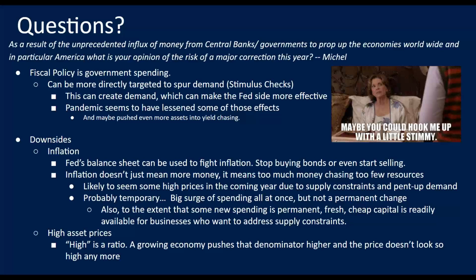I talked earlier about restaurants, things like that. A lot of places where people would normally spend money are unavailable or unattractive right now. So I do think there's some pent up demand, and that has probably pushed even more assets into chasing yield. Okay, I don't think it's a coincidence that we've seen this huge influx of new investors into the market.